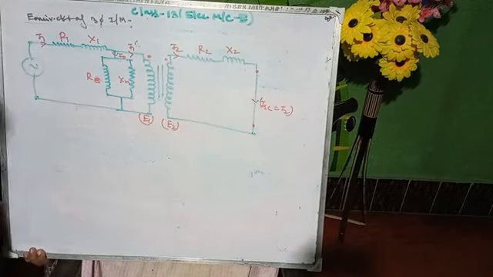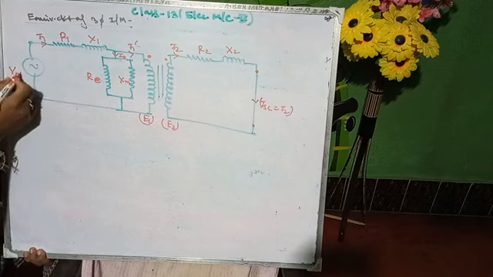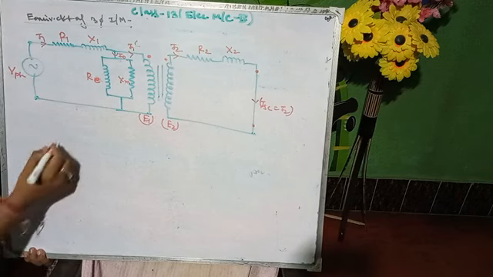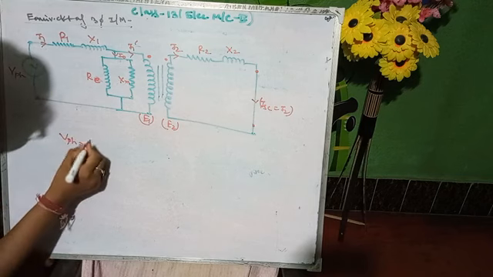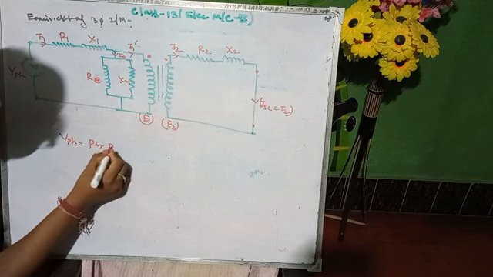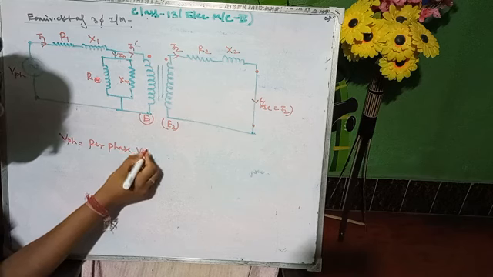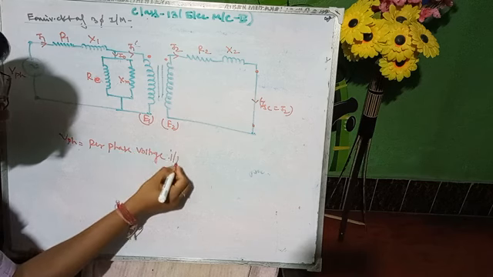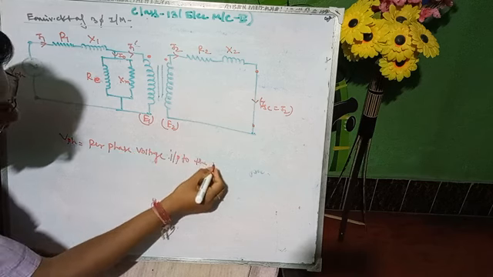This is your VPH, the per phase voltage. So VPH equals the per phase voltage input to the motor.